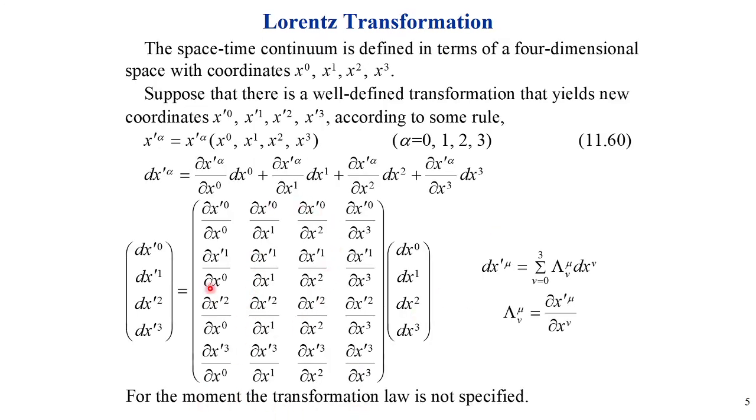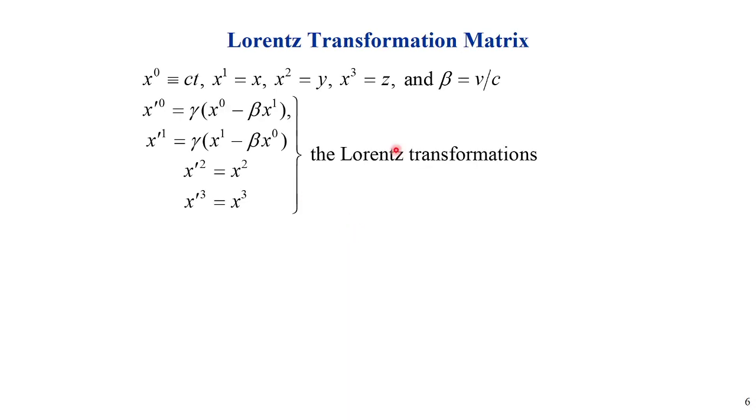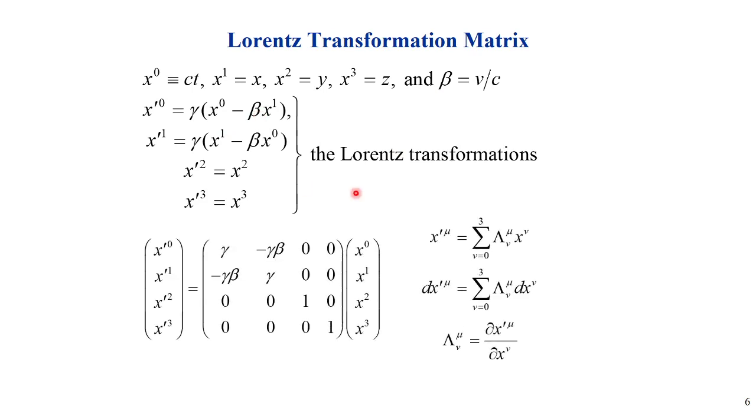This matrix should be independent of coordinates. It is just a constant that depends on velocity only, on the relative motion, a proportional constant.